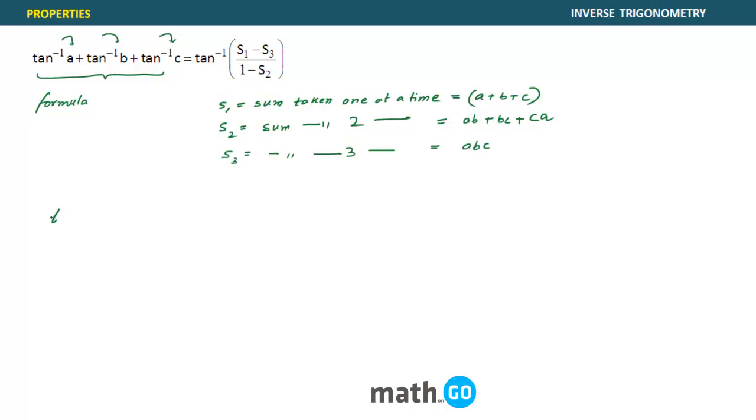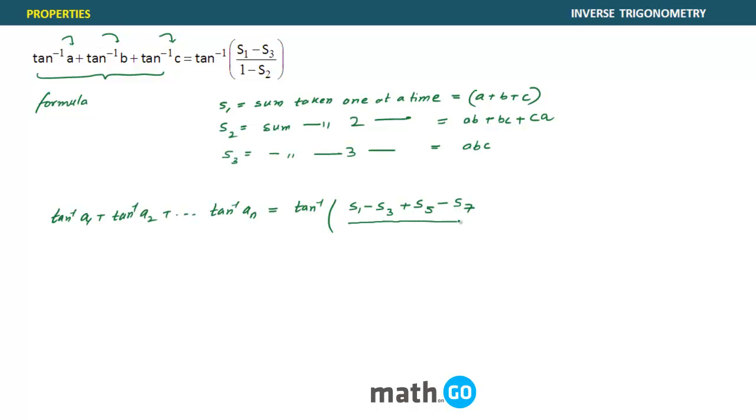So if you want to say, sir, I have, let's say, A1, A2, and this goes on till n terms, let's say tan inverse An. What would the value be? Tan inverse, and the formula that you will use now is S1 minus S3 plus S5, so alternately positive and negative, and the numerators will all be sums of odd terms: sum taken one at a time, sum taken 3 at a time.